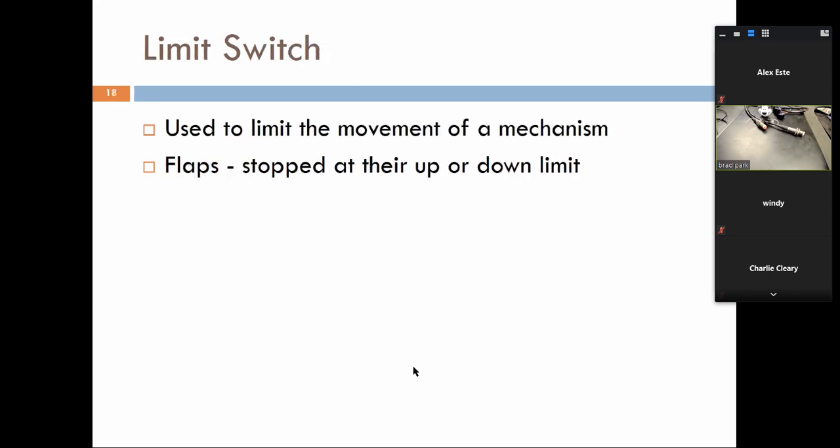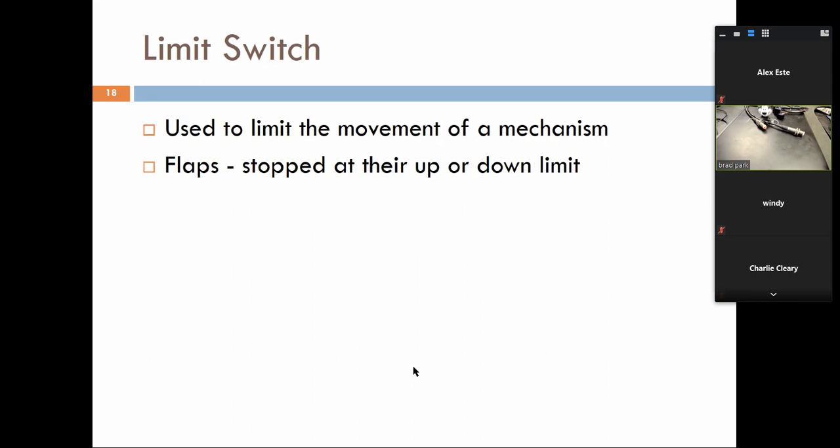Limit switches. So what we want to do is limit the movement of a mechanism. One of the things would be flaps, right? Stop at their top position, stop at the down limit. And I know certain people may have experienced this already.